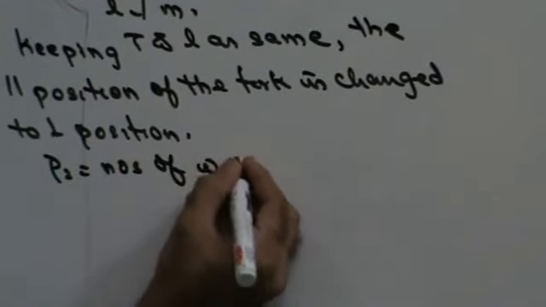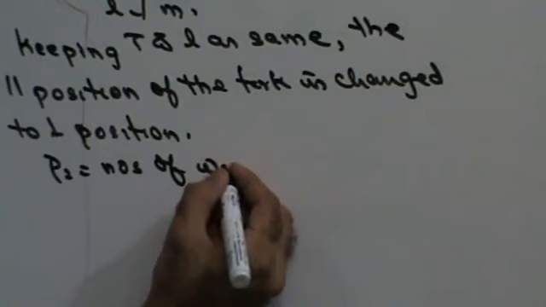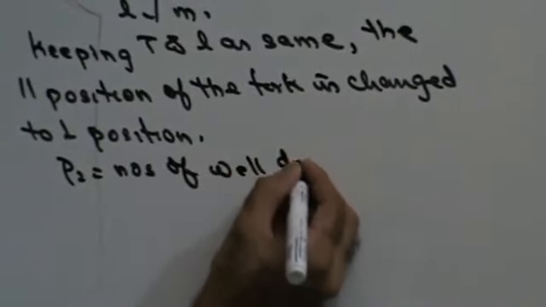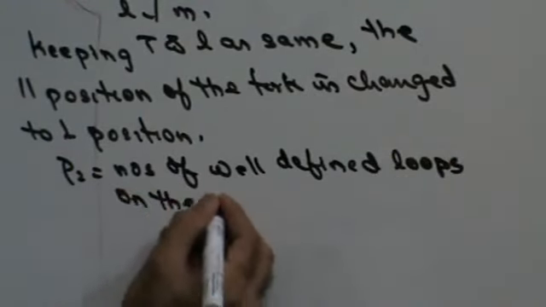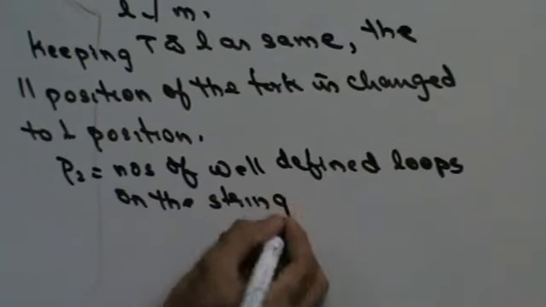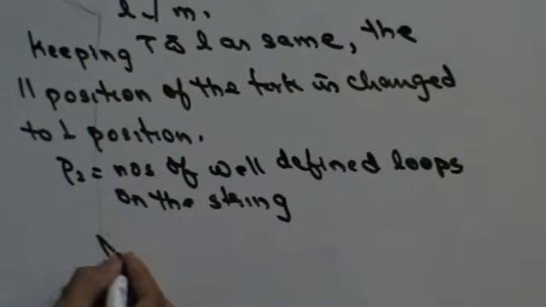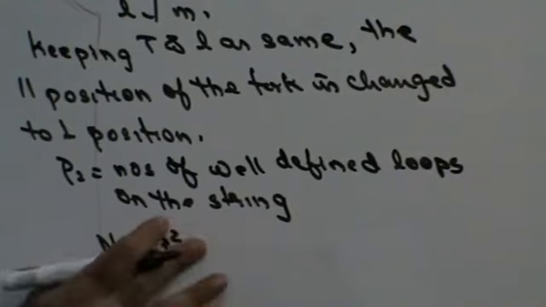As a result, let us assume that p2 is the number of well-defined loops obtained in perpendicular position. In which case, I can say that N is equal to p2 upon 2L square root of T by m.